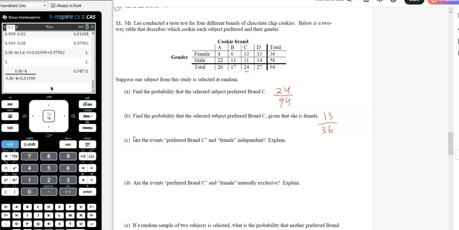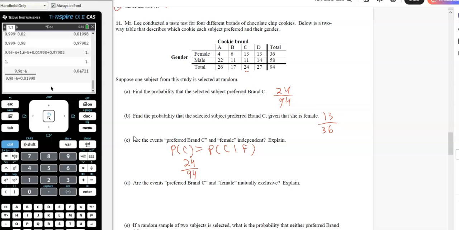Are the events preferred brand C and female independent? So let's just do it this way. The probability of preferring brand C should equal the probability of preferring brand C given that you are female. So preferring brand C is 24 out of 94.